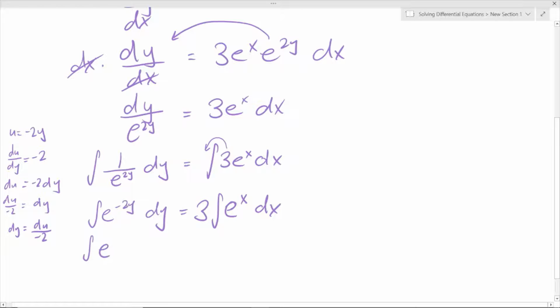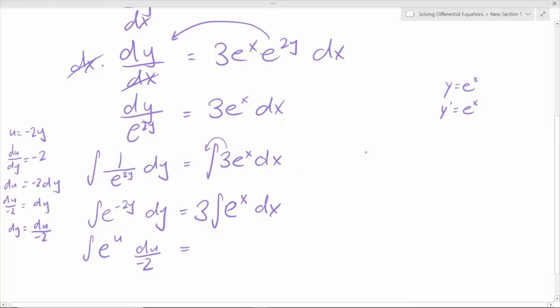We also have to replace -2y, which is just u, so we're going to write in u here. And our dy in this case is du over -2. And then we look at this and see, well, the integral of e to the exponent of x. We know that if we have a function y equals e to the exponent of x, the derivative is always going to be e to the exponent of x, right?